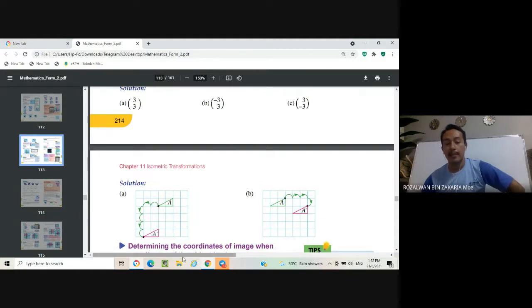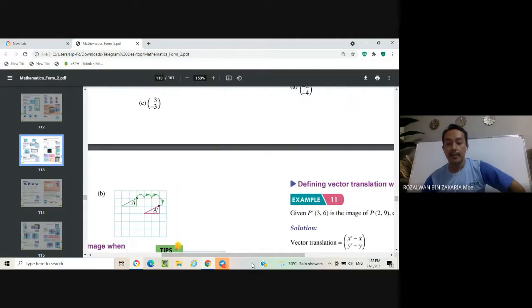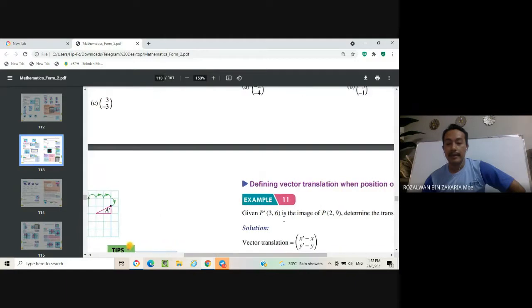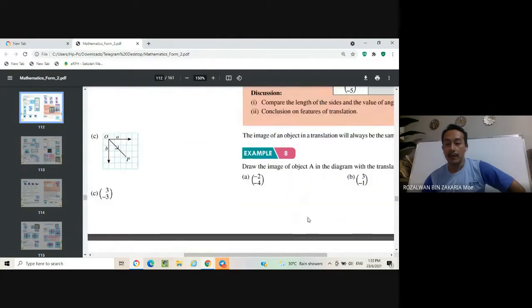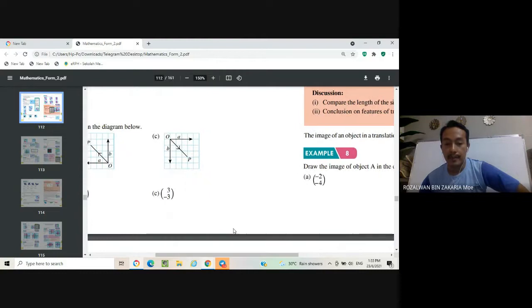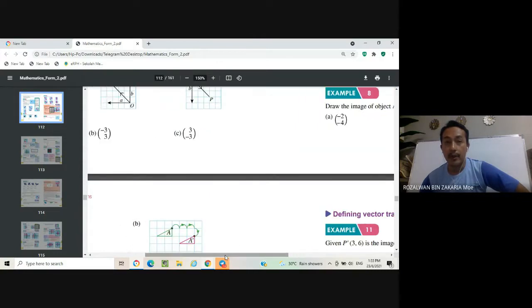Now look at B there. For B, you have to find the image of object A under the translation (3, -1). Remember, the first movement is on the x-axis. 3 means it moves to the right 3 units. Starting at the point here, it moves to the right 3 units: 1, 2, 3.